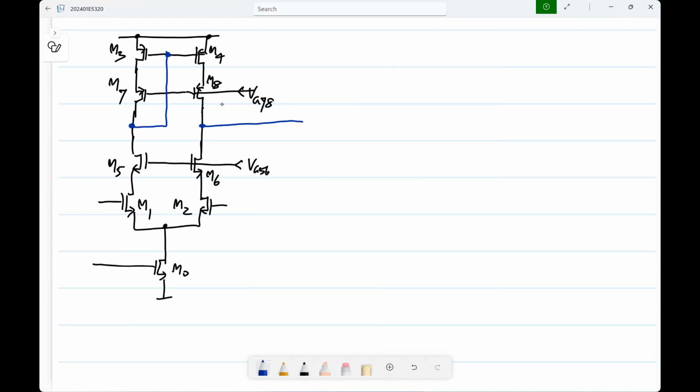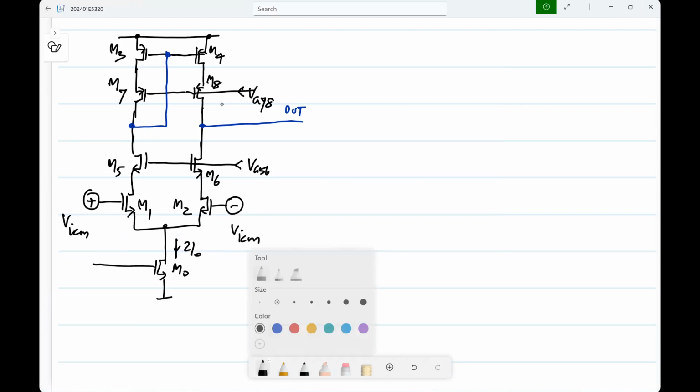And this is the output node. I won't go through the analysis of this in detail because you already know how this common source, common gate combination works. So we'll assume that the tail current is 2 I naught, which will split into I naught and I naught in the operating point. The input is biased at VICM, and on top of that, you can have a differential signal.